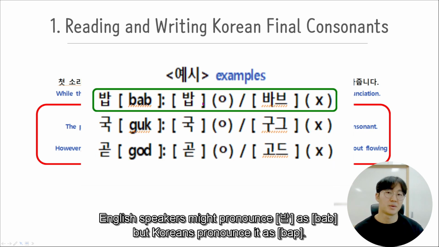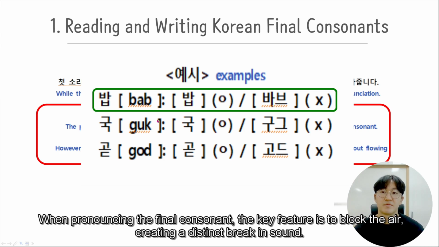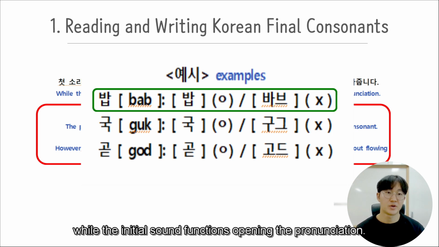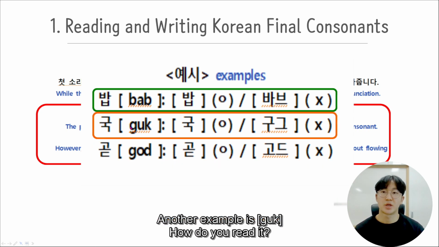English speakers might pronounce pop as pop, but Koreans pronounce it as pop. When pronouncing the final consonant, the key feature is to block the air, creating a distinct breaking sound. In Korean, the final consonant functions as closing the pronunciation at the end of the syllable, while the initial sound functions as opening the pronunciation.